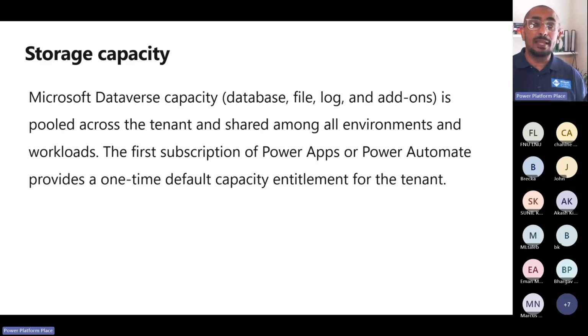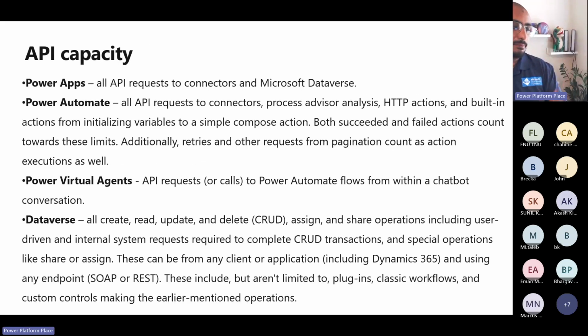Each additional licensed user will provide an additional per user capacity grant that increases the overall tenant availability. This is it. So when we allocate this capacity based on the licensing, we have to take into consideration the whole tenant, not only the one environment that you provisioned. It's throughout the tenant overall, as a holistic way of managing licensing.